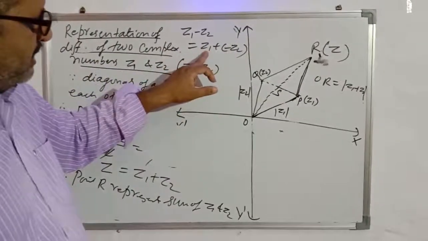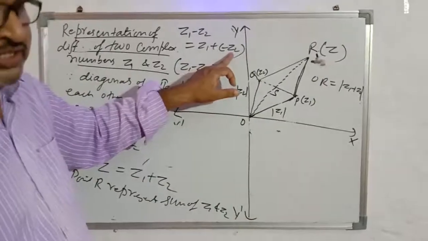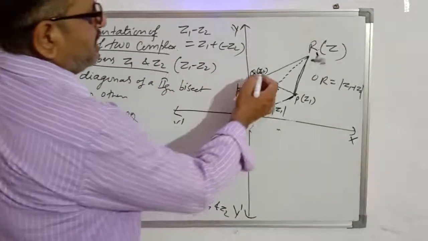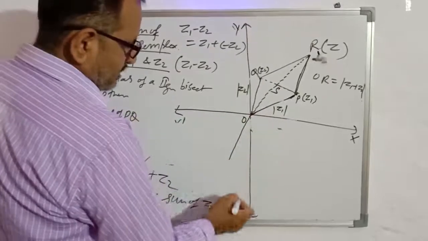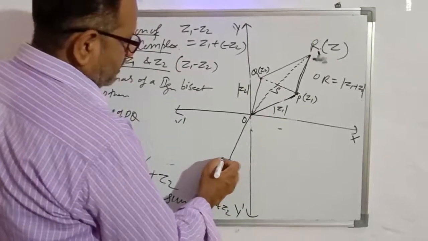It means we will add the negative of Z2 to Z1. So what will be the negative of Z2? The negative of Z2 will lie in the third quadrant.